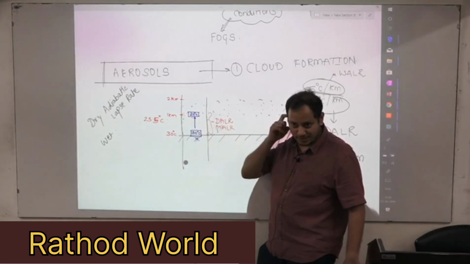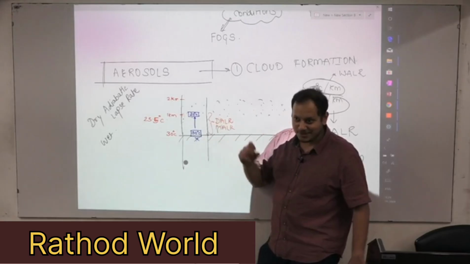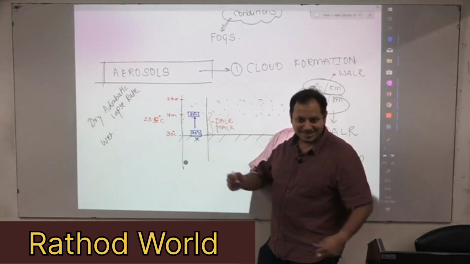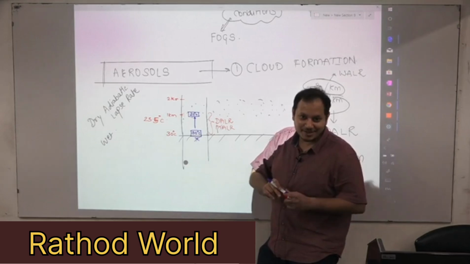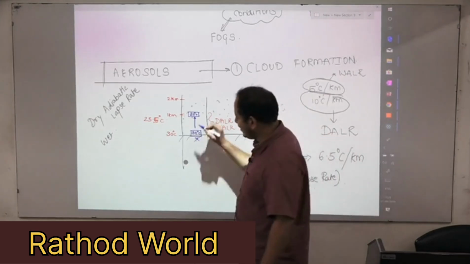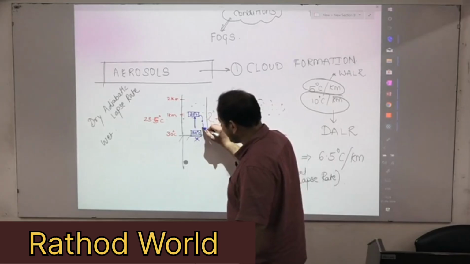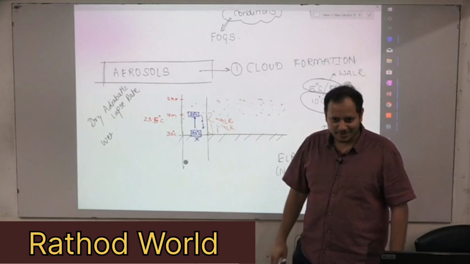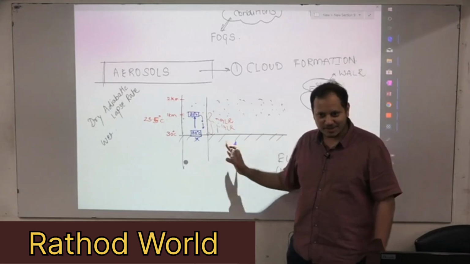So which is cooler? The parcel of air. Cooler means denser or heavy, not lighter. Cooler means denser. So it will not go further up, it will come down. Stability. Getting it? This is the stability.